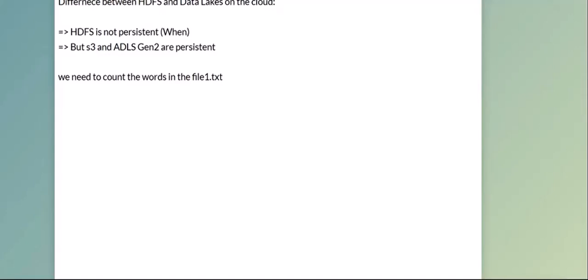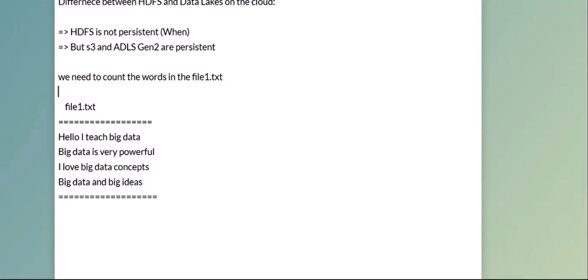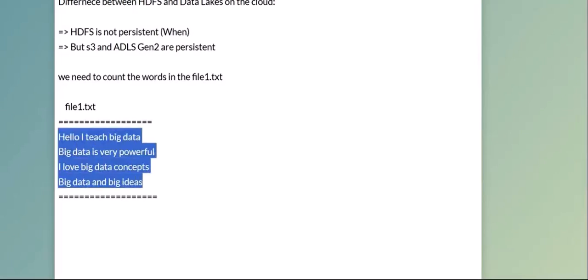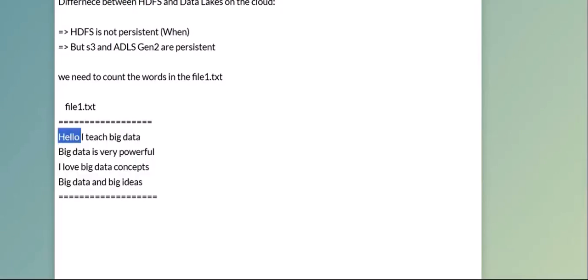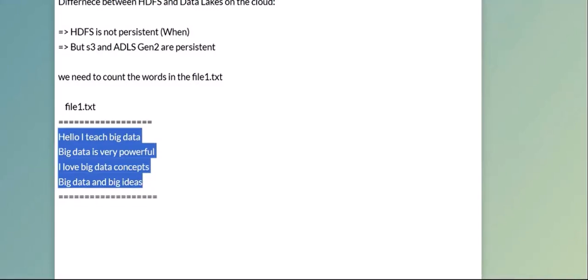For example, this is the file. This is the content of the file. I'll paste it here. This is the content of file1.txt. Suppose this is a 500 MB file. I'm contradicting myself. Actually, this is not a 500 MB file, but for simplicity, I'm saying that this is a 500 MB file. Got it?